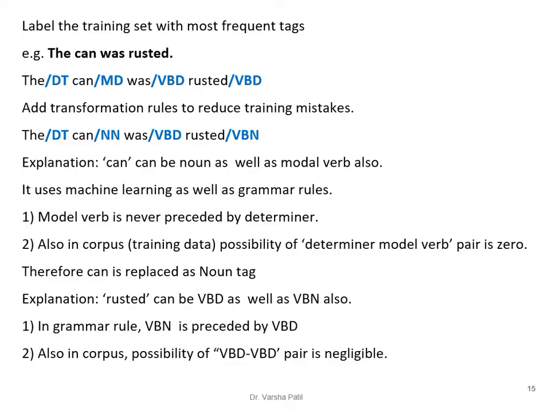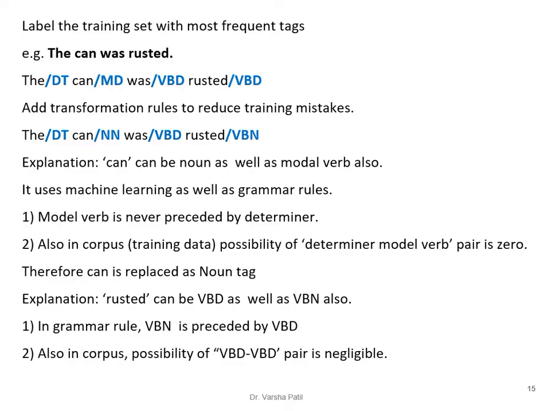Now we need to make the change that here can is not a modal verb, it is a noun. So we make the change MD to NN, and here was is okay, but for rusted, by default it assigned VBD, but since was comes before rusted, it should be VBN, that is the past participle.